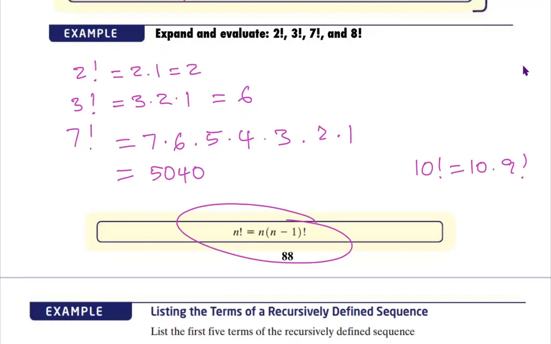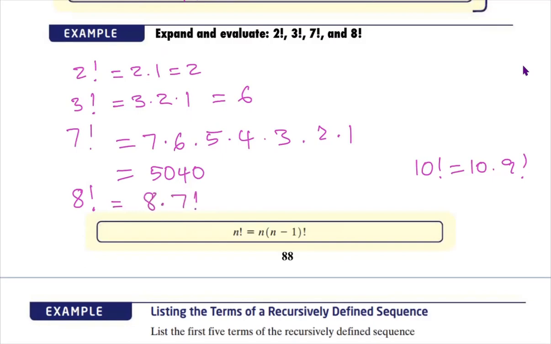So since we already found factorial of 7, it's easy to find factorial of 8, because it's 8 times the factorial of 7, right? Which we already have, we can just multiply it by 8, and the result is 40,320. Okay.